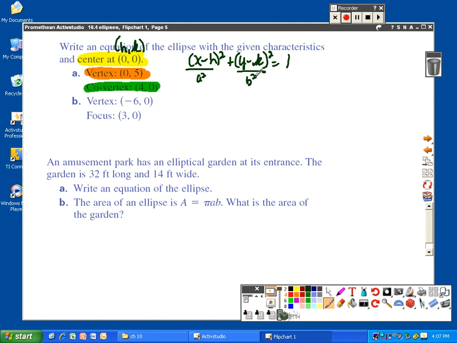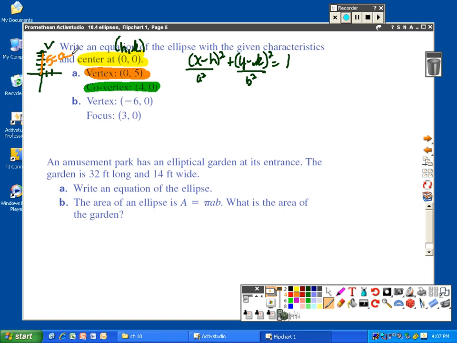depending which is major. So let's see. I draw myself a little graph over here just so I can see what's happening. Here's my center, (0, 0). Vertex at (0, 5). There's one of my vertices. So this distance is a. That distance is 5.